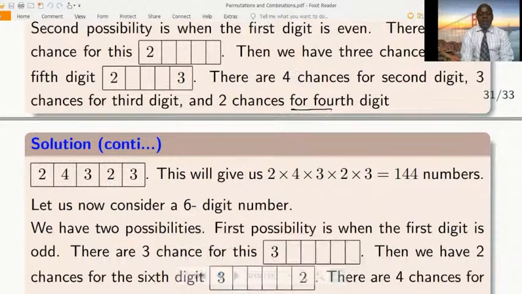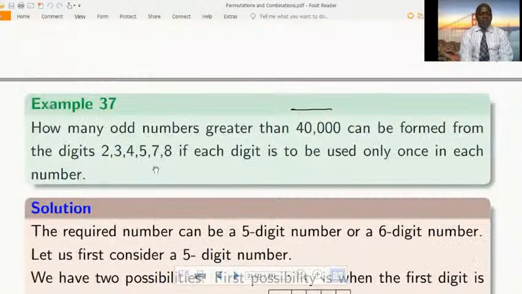Now I come back and look at the other possibility, when I make a 6-digit number. To consider a 6-digit number, we reason the same way. We begin by forming where the first digit is given, so we have 2 possibilities. The first possibility: how many odd numbers are there? 1, 2, 3.